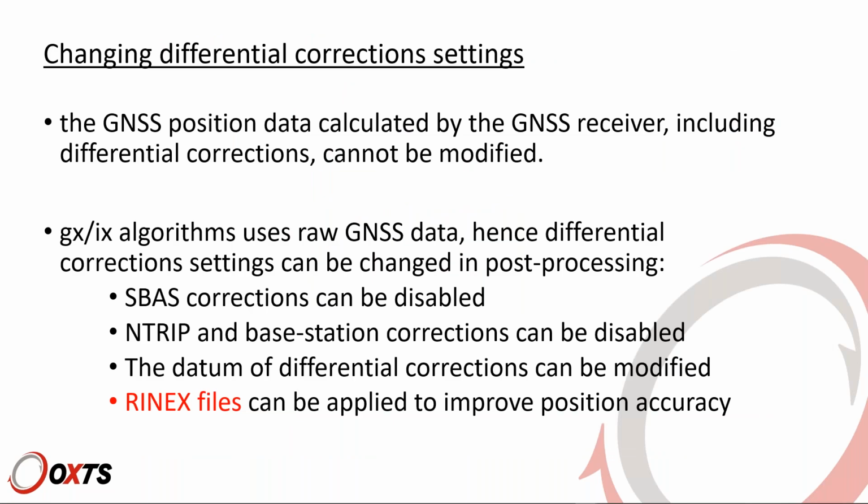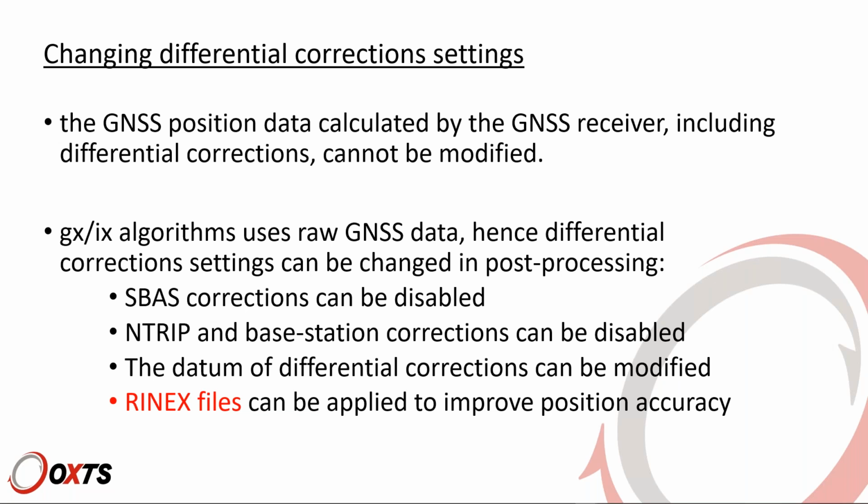The way you act on differential corrections that you had in real time is thanks to the fact that the GXIX algorithm uses raw data. So in the case of the receiver, whatever GNSS data you had, including differential corrections, is unchangeable, cannot be modified in any way.